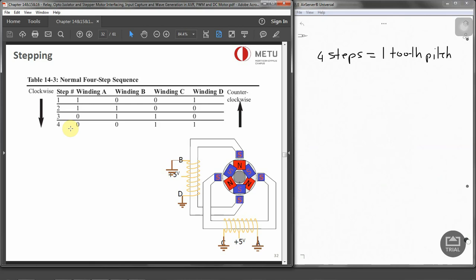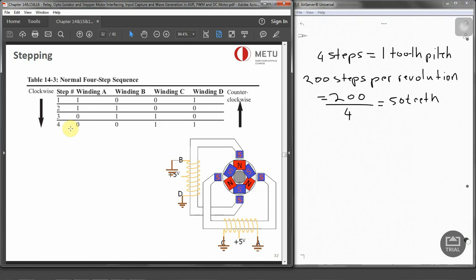So for example, if we have 200 steps per revolution, this will give us 200 divided by 4, 50 teeth. The step angle is the minimum degree of rotation associated with a single step.